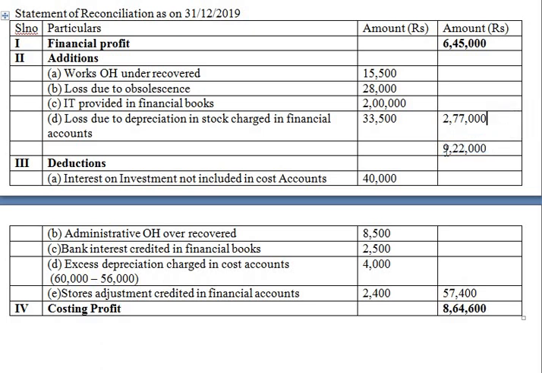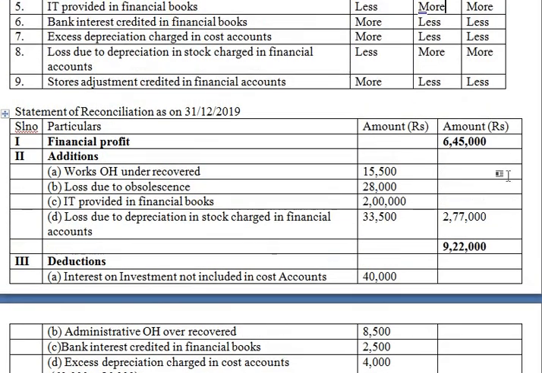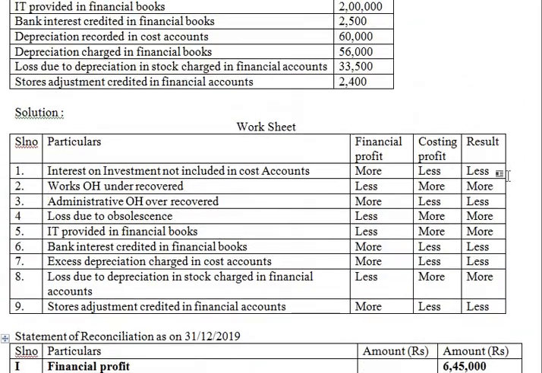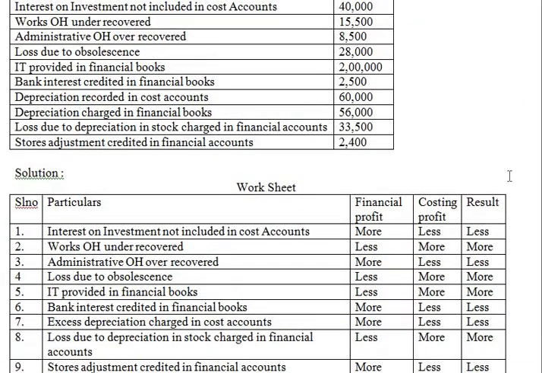Please go through the problem once again and solve it so that it is clear to everyone. The reconciliation statement is very easy, just prepare the worksheet and then prepare the reconciliation statement.